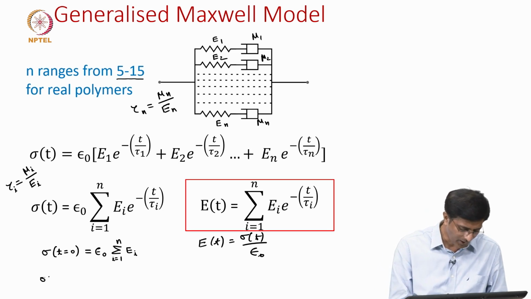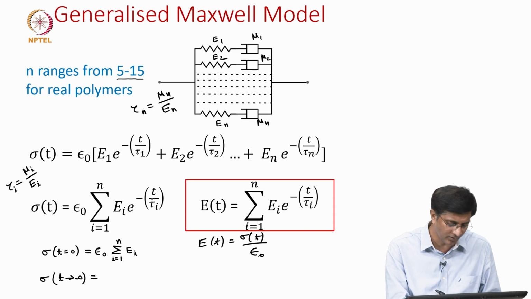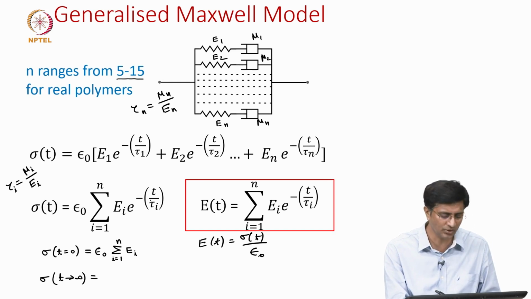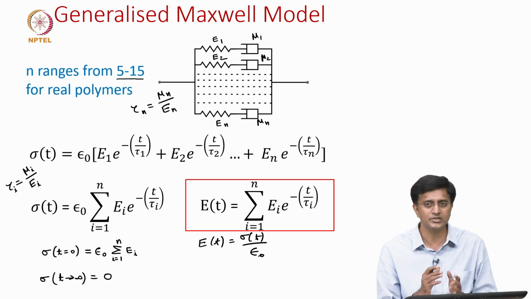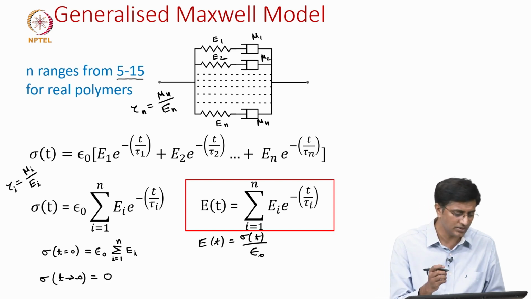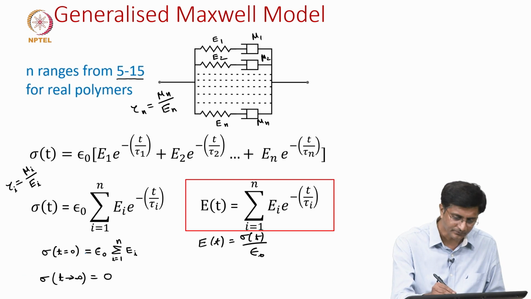But now let us see what happens as we wait for a very long time, meaning that t tends to infinity. When t tends to infinity, e power minus infinity is 0, so the stress value reaches 0. Usually this can be represented as follows.